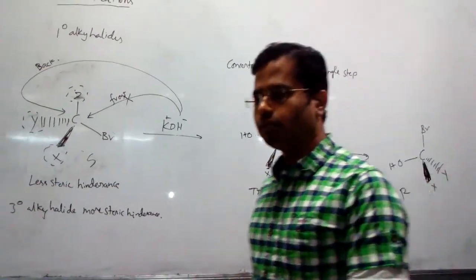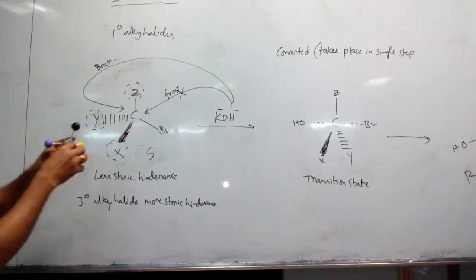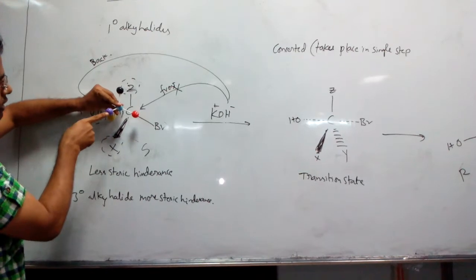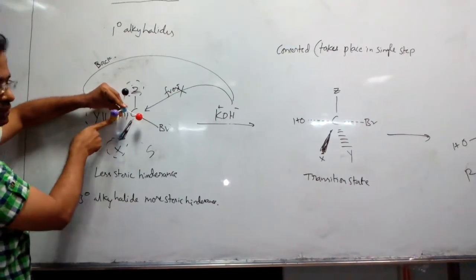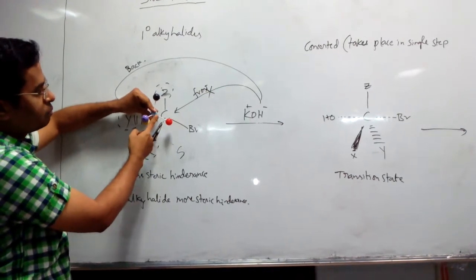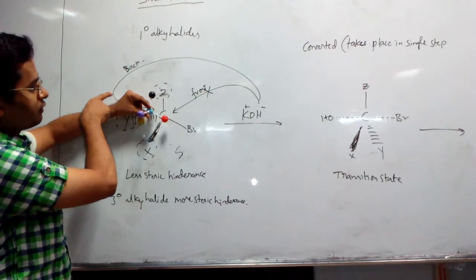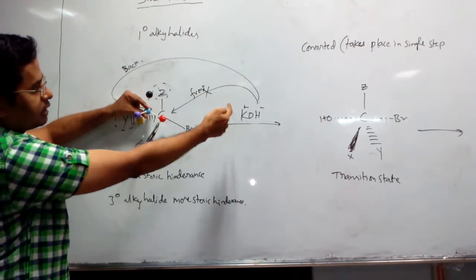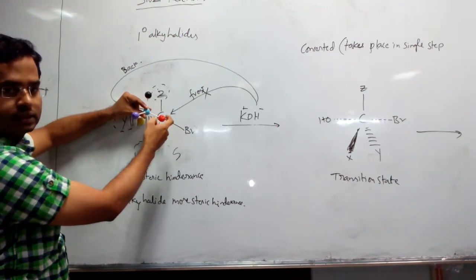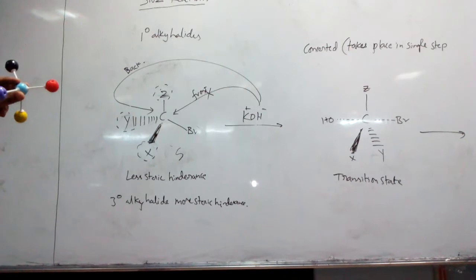I will show you molecule models. This is Z and this one is X and this one is Y, and this is the leaving group bromine, and this blue one is carbon. If this OH minus attacks from the back side, because it can't attack from the front side since bromine repulses the OH minus, I will show you this OH minus.